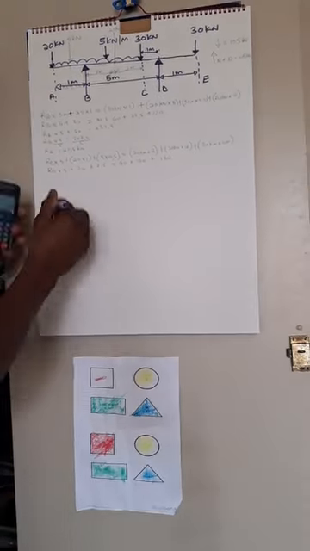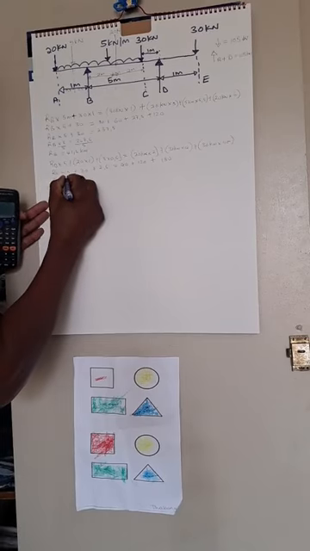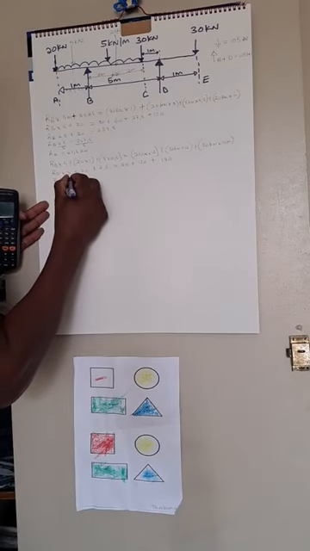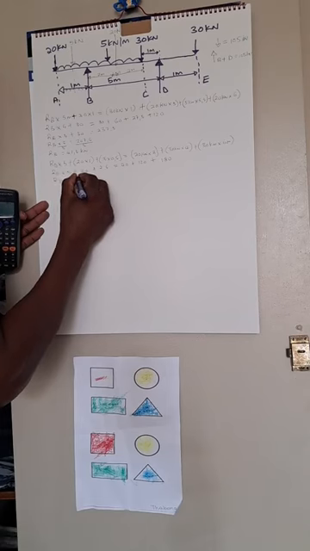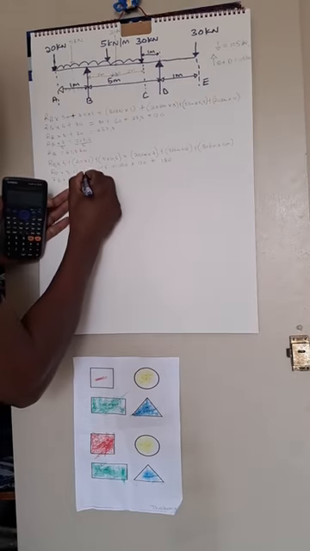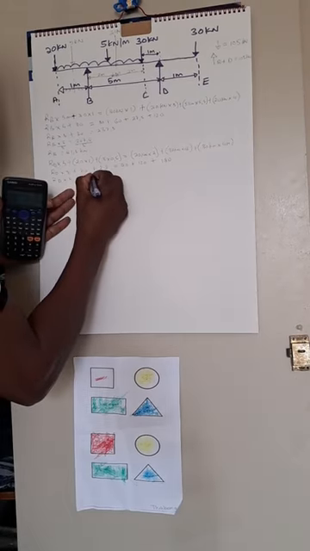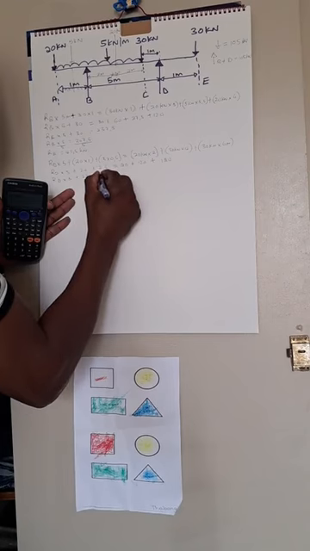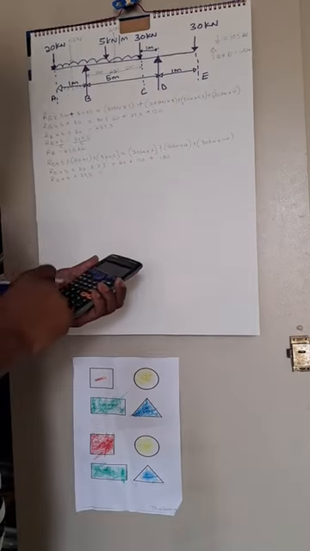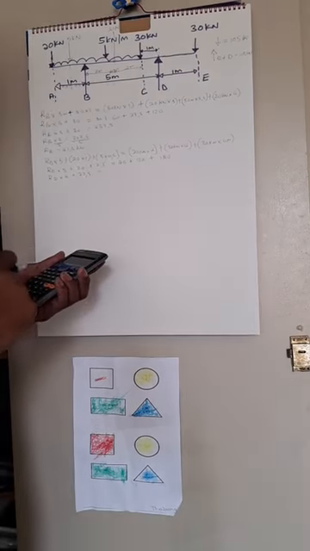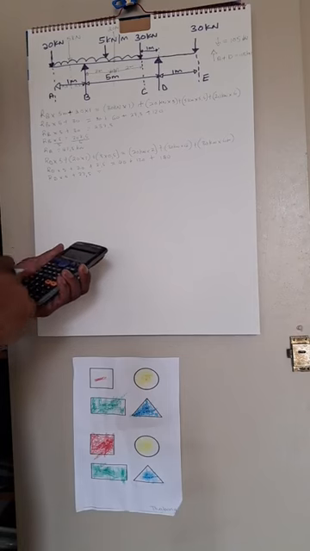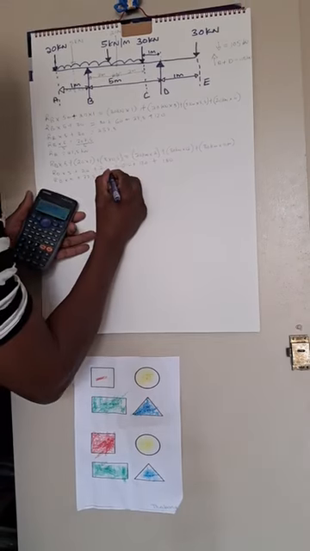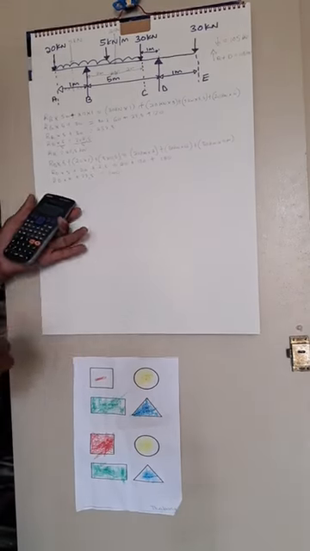So let's add everything here. We have reaction at D times 5 plus 22.5 equals 40 plus 120 plus 180. We are getting 340.